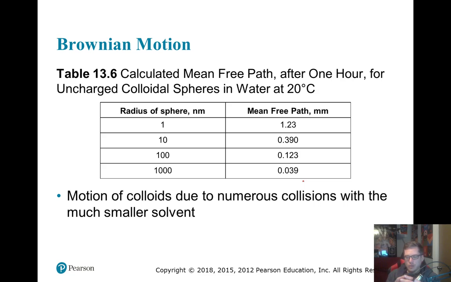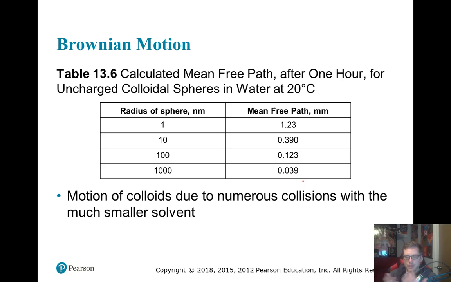Imagine what you're looking at, and you see these things going around like nuts, not in one specific direction, and nothing that you could see hit them, but suddenly they change direction. So this was defined as Brownian motion, because it was like, what is going on here? There's something else at work. We're not quite sure what it is.